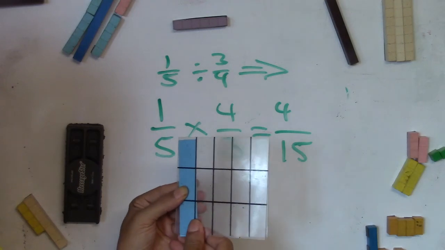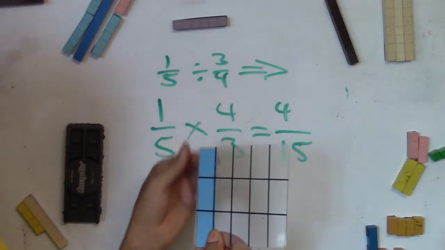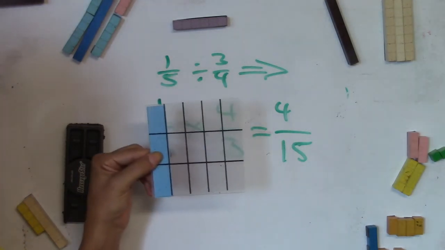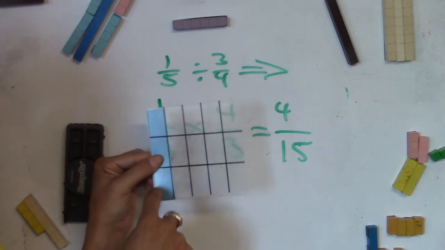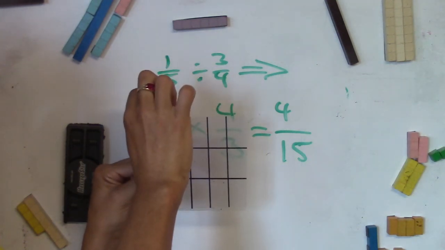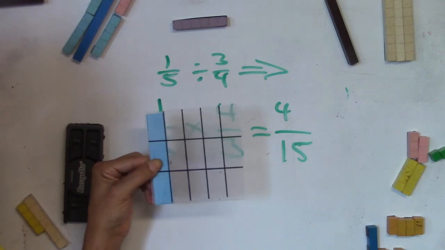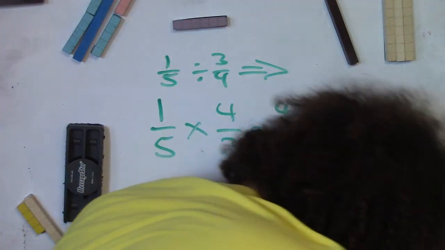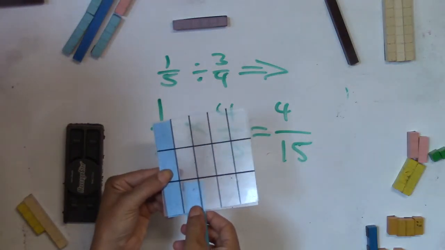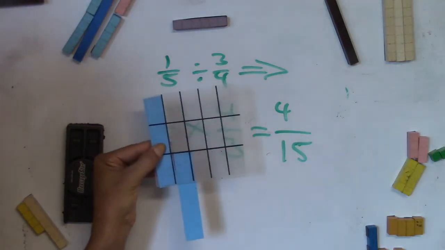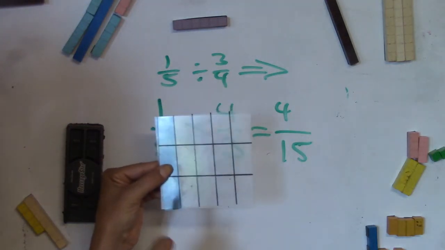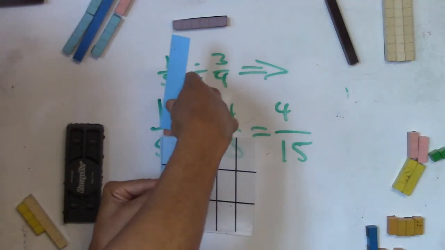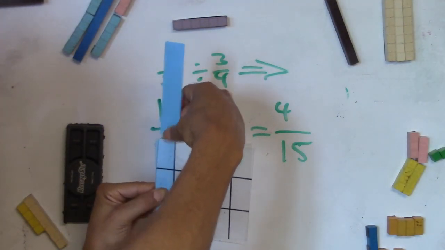So I'd have to actually go up an extra one. You see? And then I'd have 1, 2, 3, 4, the one that's up here that I can't see, 15ths. Or I could change my mind and just put that over here. And now I have 4 15ths. But what I did is I went up 4 of 3, so I'd have to go up 1 extra one up here.